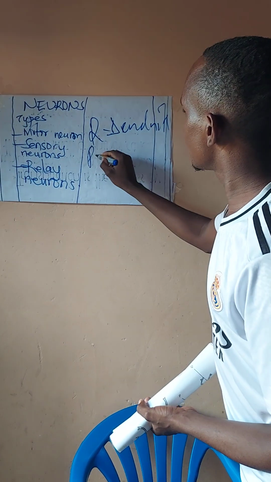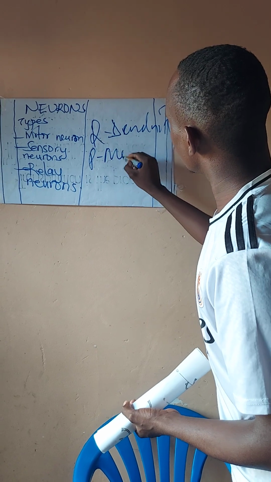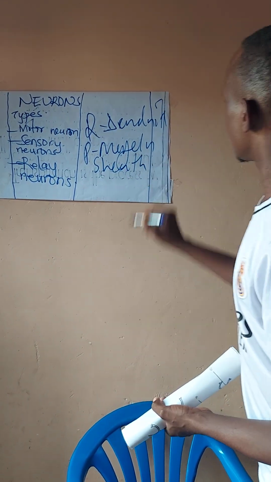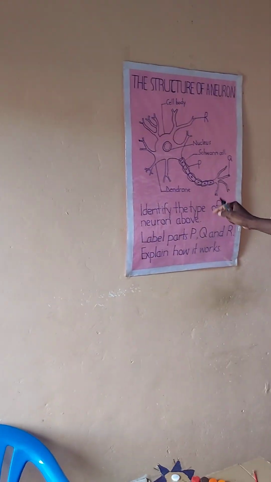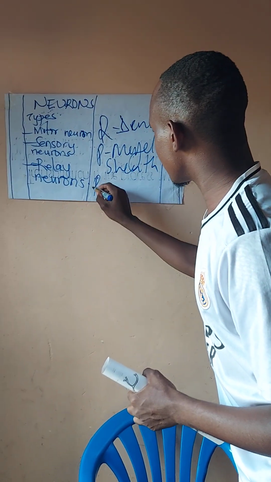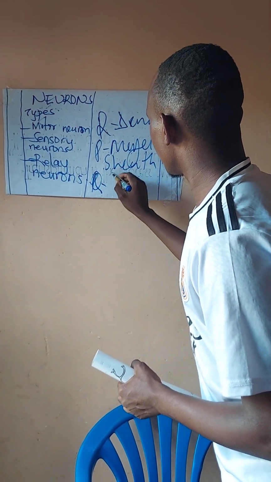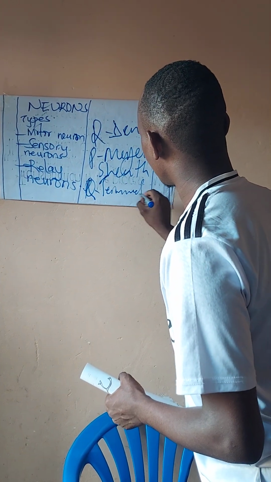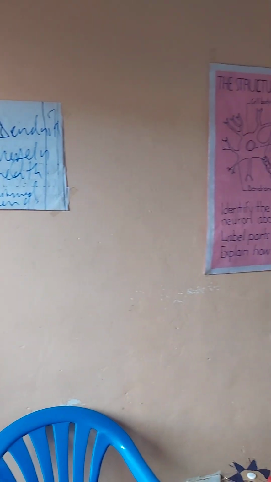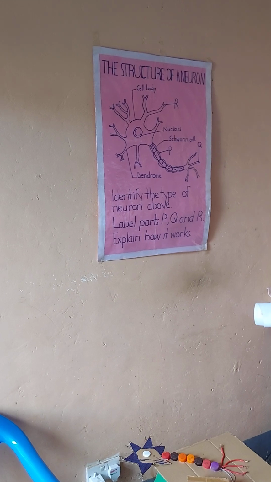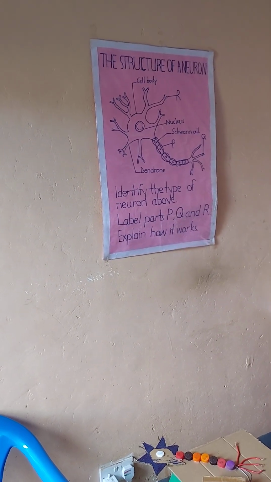And lastly, we have part Q. That is the terminal end of a neuron. Thank you so much. Clap for him. Terminal end.